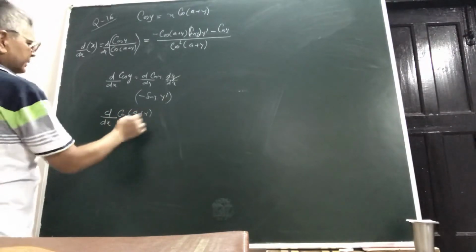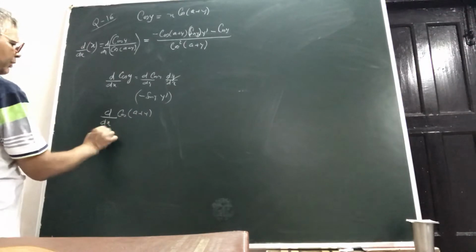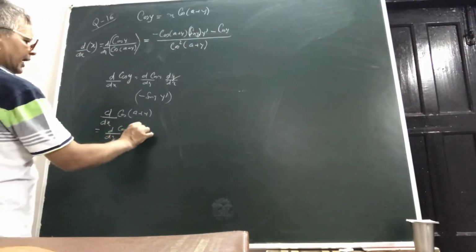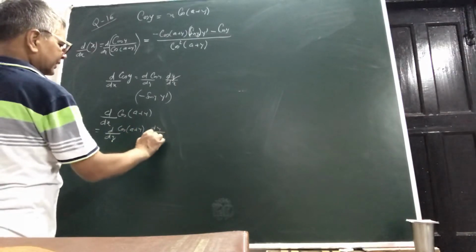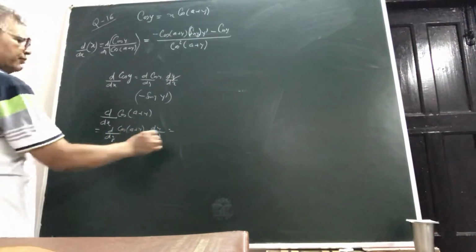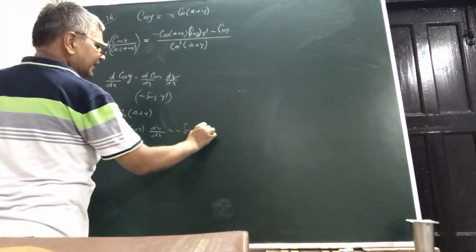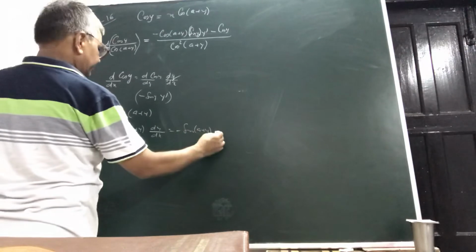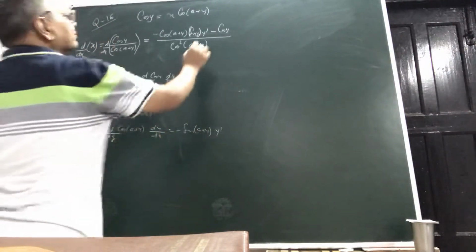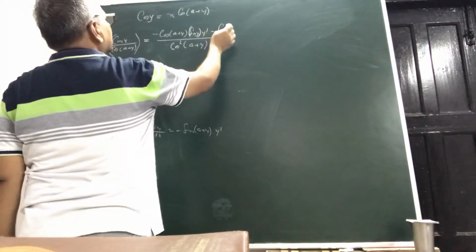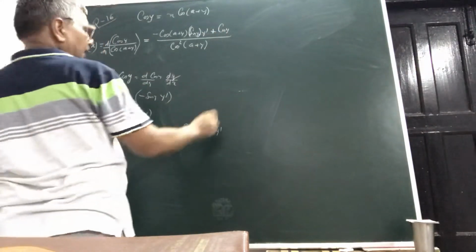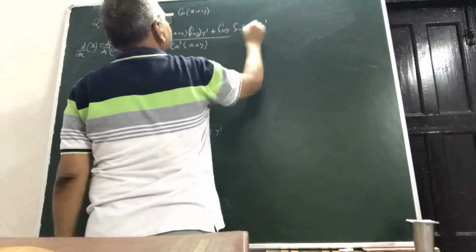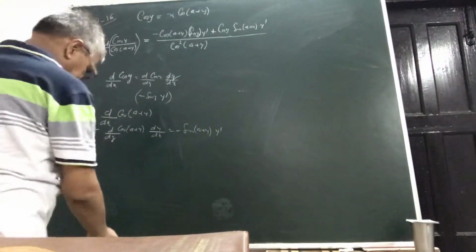Here again, this has to be written as d upon dy of cos(a + y) into dy by dx, which will fetch you minus sin(a + y), and derivative of a is 0, y is 1, so it will remain the same into y'. So minus, it will become plus here, and you will put sin(a + y) into y'.